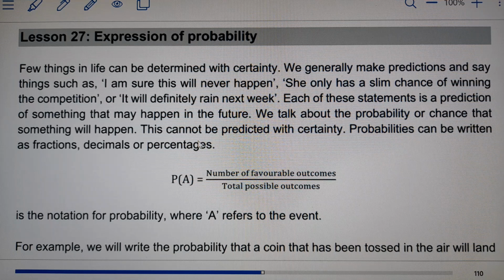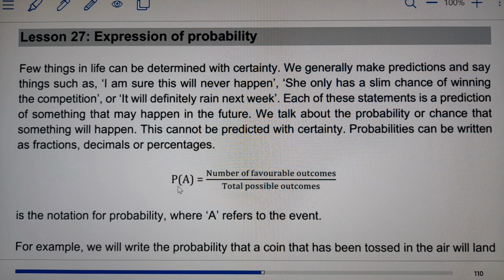Okay, so now let us look at the expression of probability. Probability of event A happening. Event A can be any event that you are testing or you are predicting. If you are predicting the rain, this will be probability of rain on Wednesday, for example.